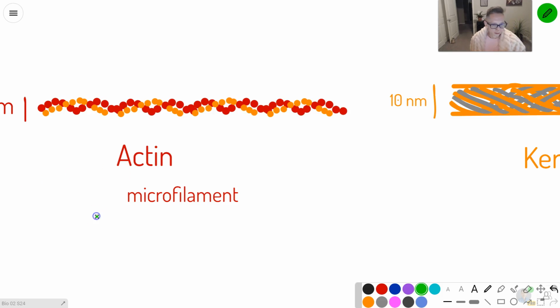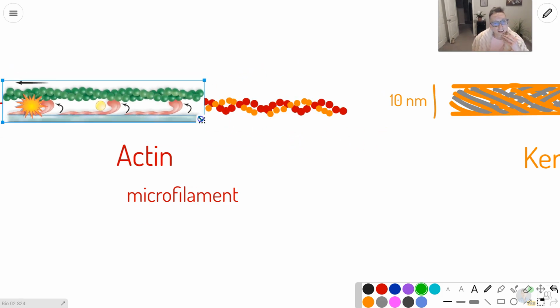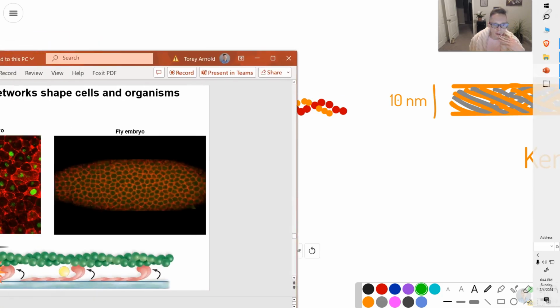So this is the actin filament, and this is the other one. And together they make an actin filament. These things down here are myosin motors. These are what make up our muscles as well as allow our cells to divide, if you remember that. So that's actin.